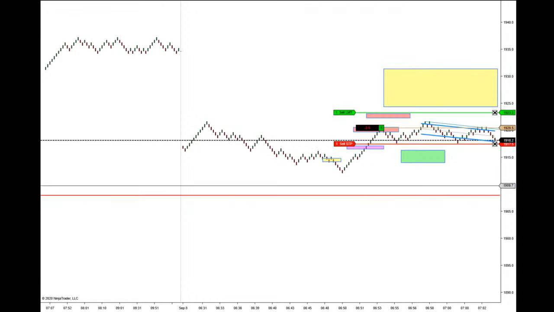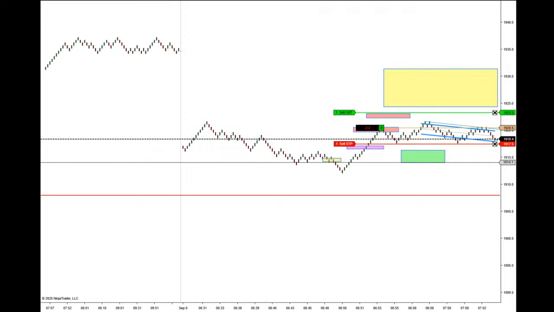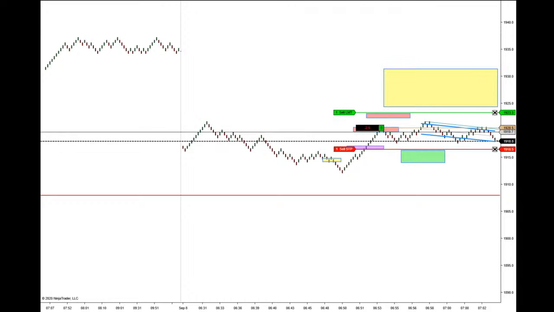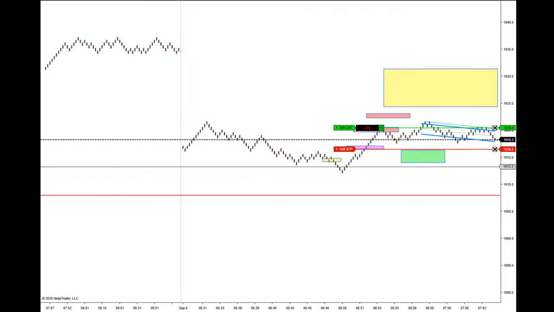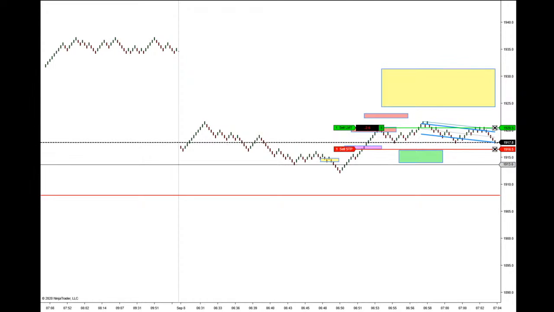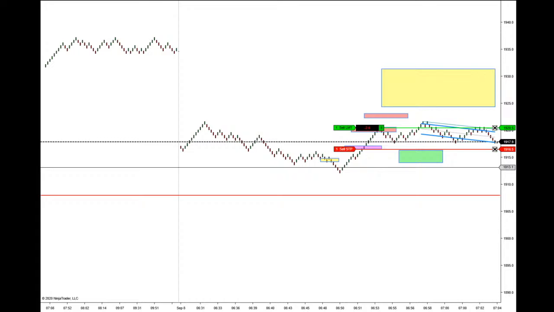Should have been a little bit patient. I'm gonna give myself a little more room, but I think I prematurely took this. I'm gonna lower my target, see if it will let me out at entry. Oh man, that was a mistake. We're gonna be negative again.